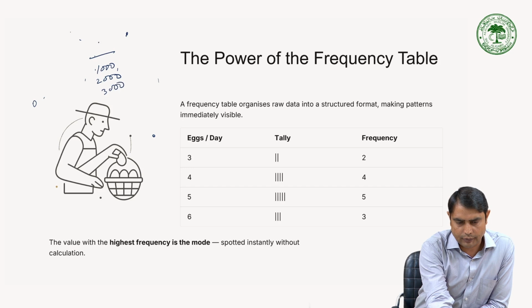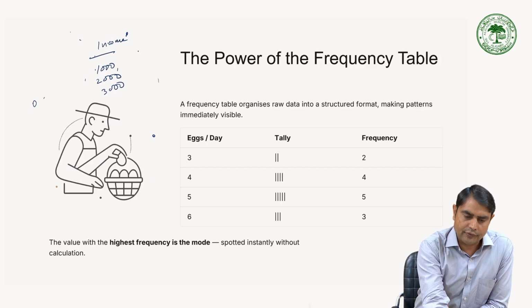This is income, right? And the frequency is like 5, 3, and this is 8.